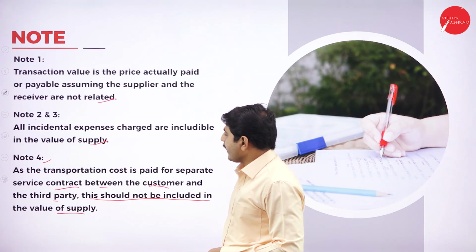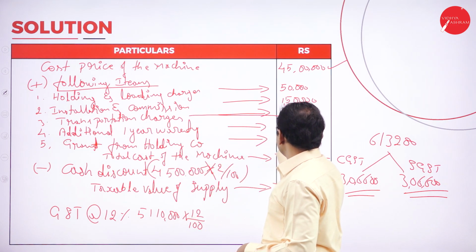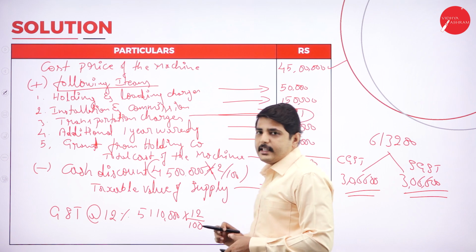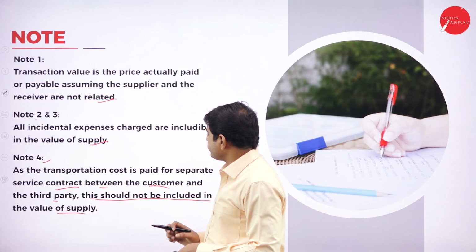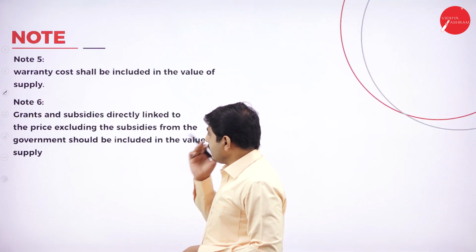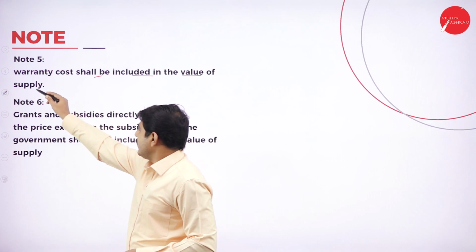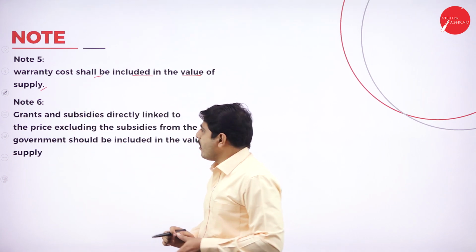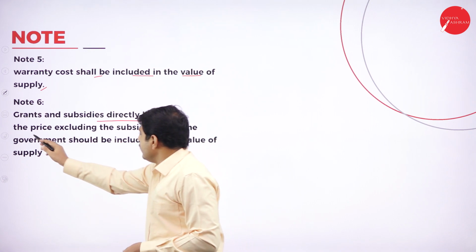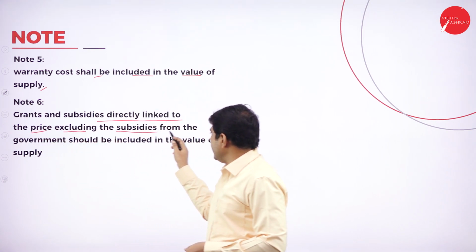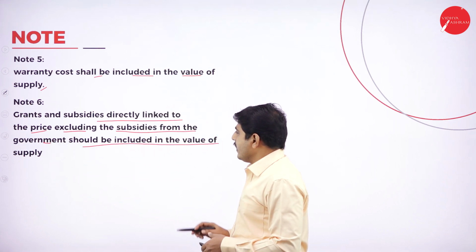This one, already calculated now. The additional is this one. So already it is included. Since it is a third person, we should not include this. Next one, warranty cost shall be included in the value of supply. So we can add the warranty cost. Next one, grants and subsidy directly linked to price, excluding the subsidy from the government, should not be included in the value of supply.